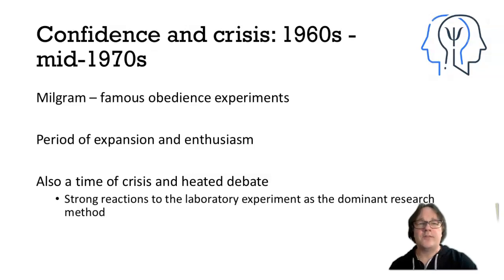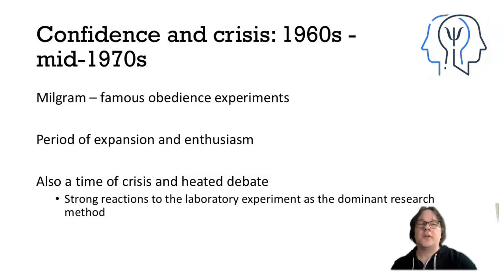And a big part of this crisis was whether or not laboratory studies were legitimate. Meaning that, do laboratory studies really capture how people think, feel, and behave? It's an artificial environment, right?